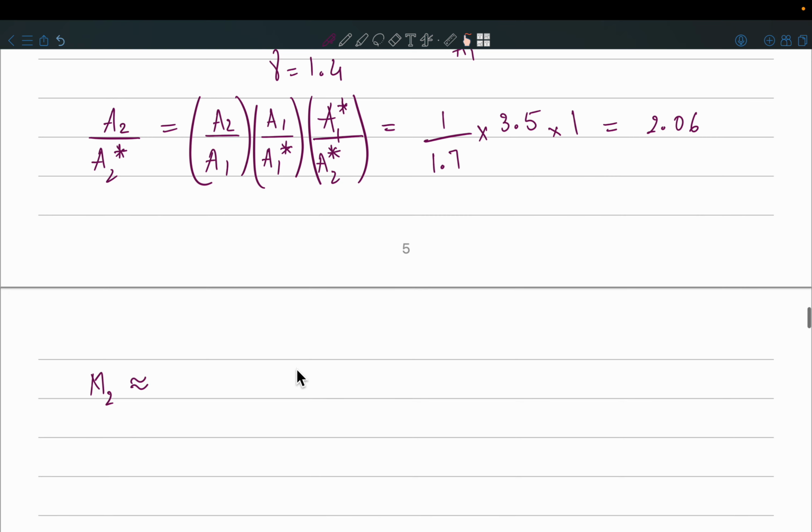Yeah, so close by 2 is what is the next value given after A2 by A2 star? Okay.